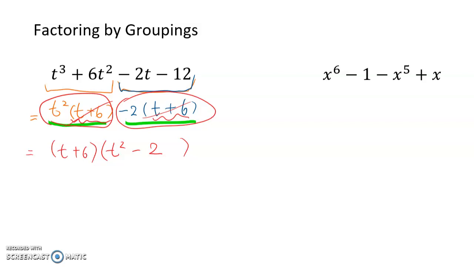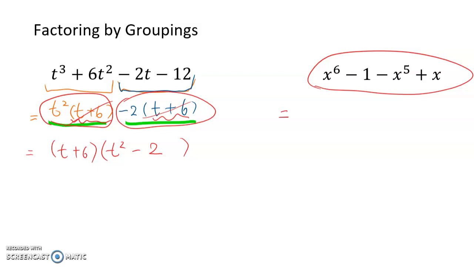Now let's look at the second polynomial. We'll try to factor it by grouping. First of all, we notice that the exponents for x are not in descending order.